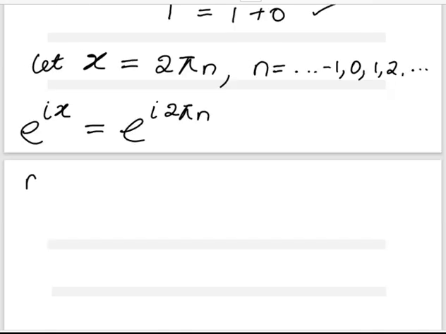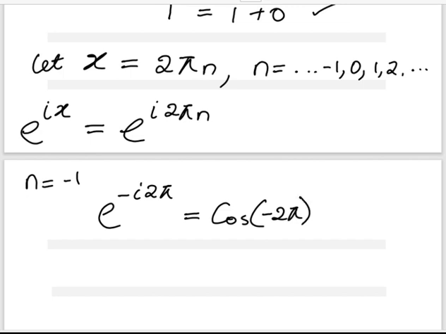If n is -1, we're going to have exponential i 2 pi, and this is simply cosine -2 pi minus i sine 2 pi.